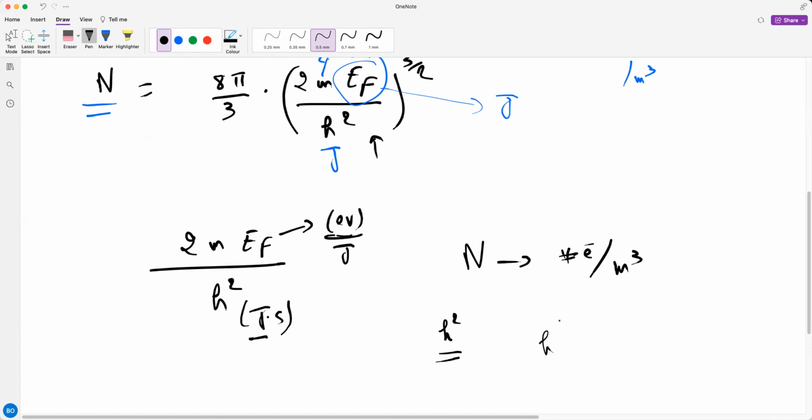For example, h cubed is 6.6 cubed times 10 to the minus 34 times 3, and some calculators cannot give you 10 to the minus 100. They stop at 10 to the minus 99, so they will give you 0 here, which is not true. Please pay attention or exercise at home to do this kind of calculation with the calculator. Okay, so I will stop here and you can ask any questions.